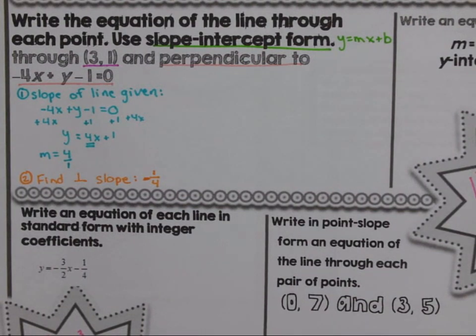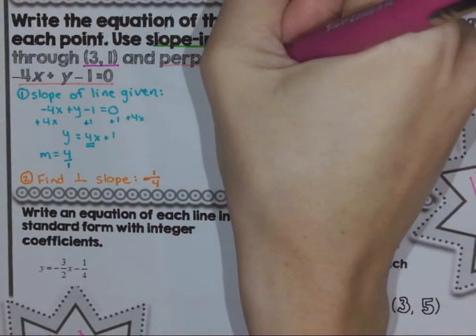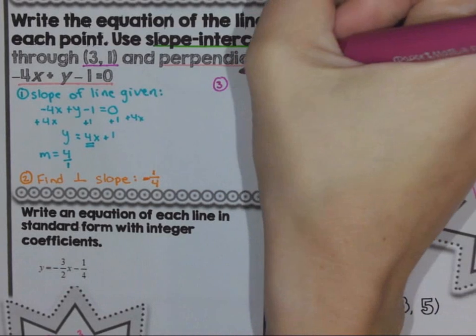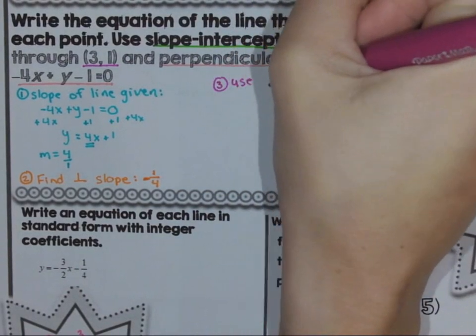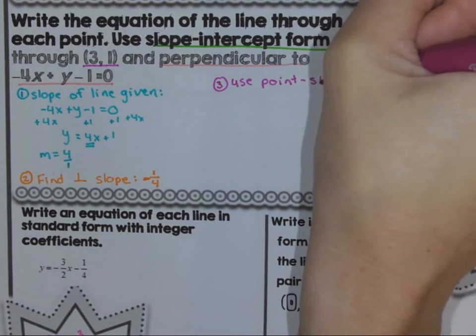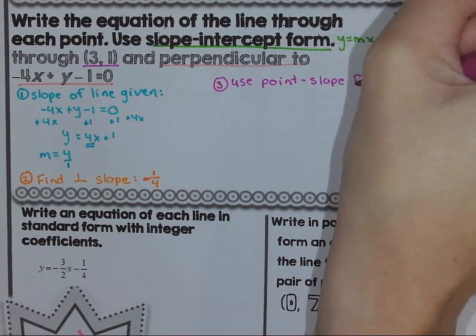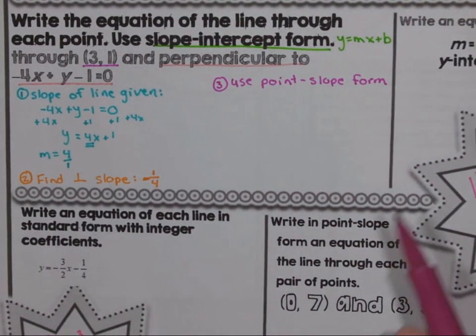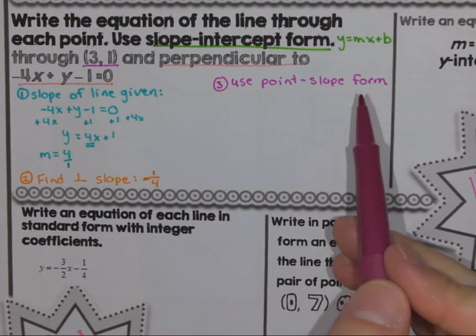And once we identify the perpendicular slope, the third thing that we're going to do, since we now know a point and a slope, is use point slope form. And I'm going to emphasize again, the reason I'm starting in point slope form, even though they want slope intercept form, is because of what I'm given.